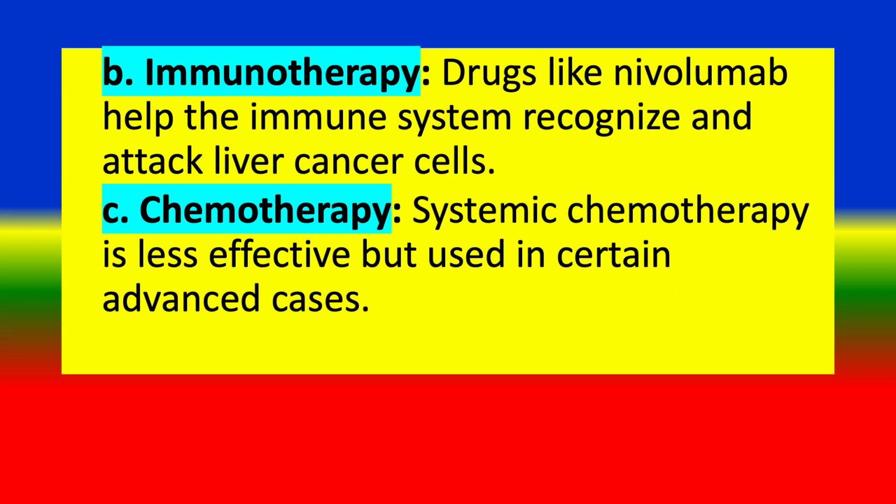B. Immunotherapy: drugs like nivolumab help the immune system recognize and attack liver cancer cells. C. Chemotherapy: systemic chemotherapy is less effective but used in certain advanced cases.